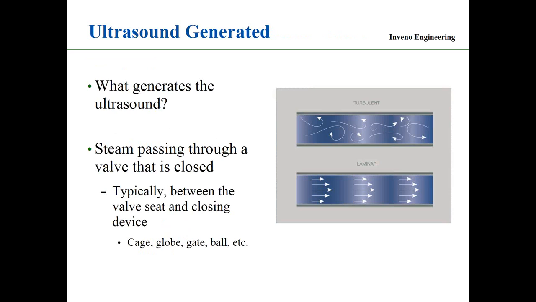The leak path will generate a turbulent flow. The leakage between the valve and the seating surface will generate turbulent flow, which will generate a high-frequency ultrasound, which this unit will pick up, such as on a caged valve, globe, gate, butterfly, any type of valve.